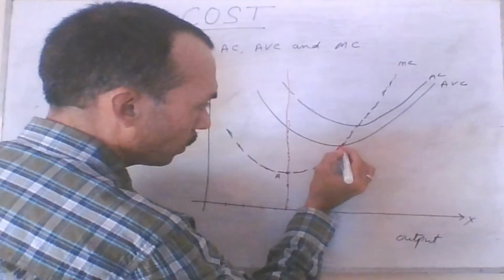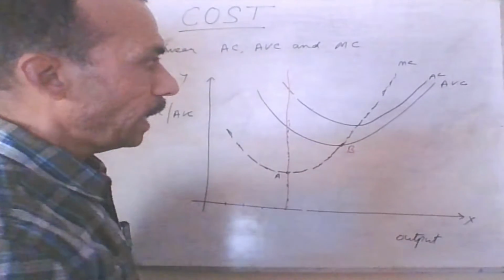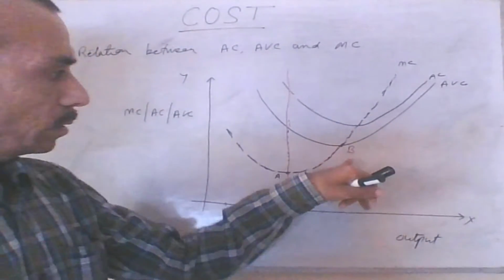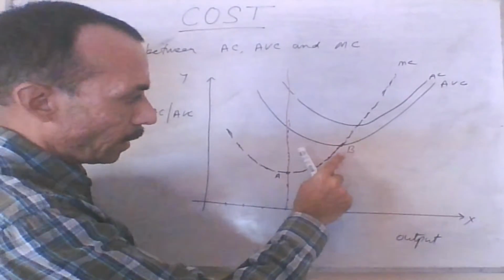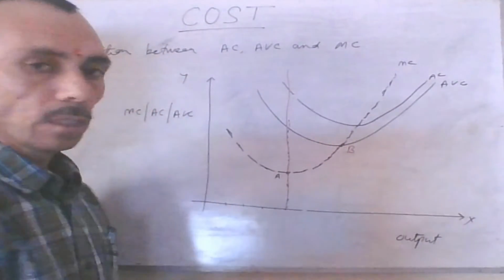At the point B, the average variable cost is lowest. It means the marginal cost intersects the average variable cost at its lowest point.